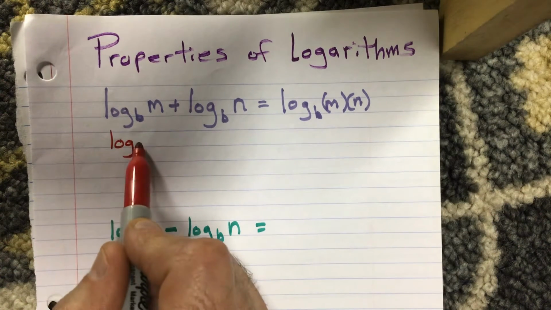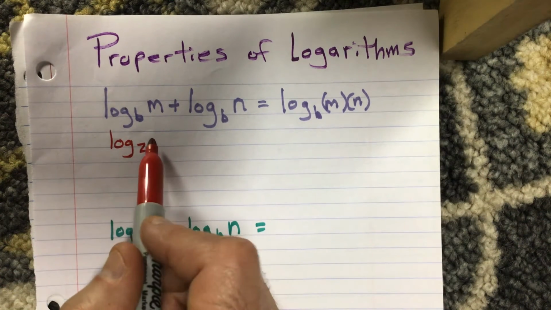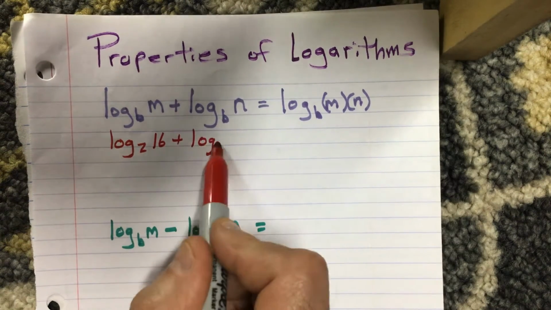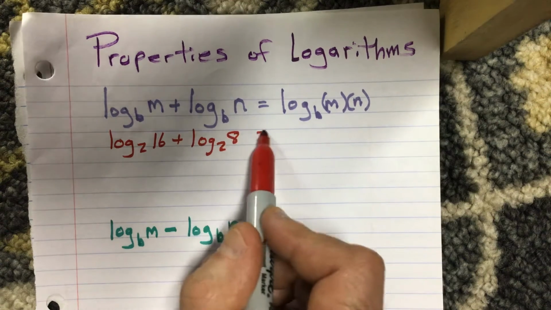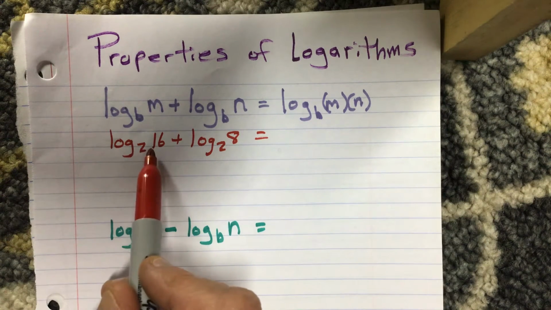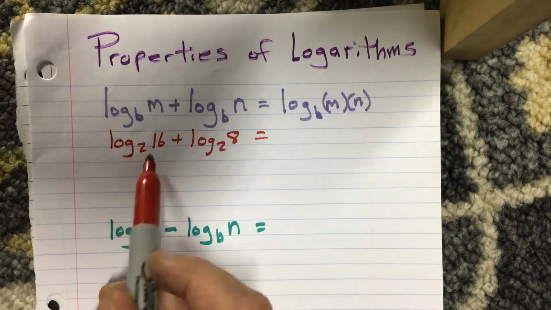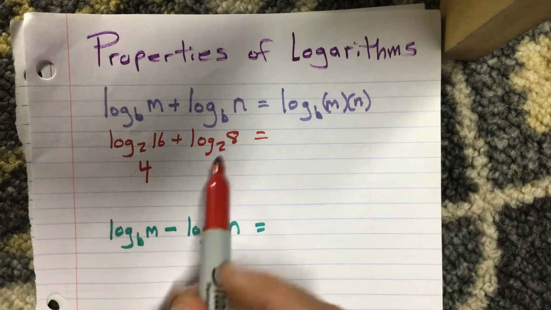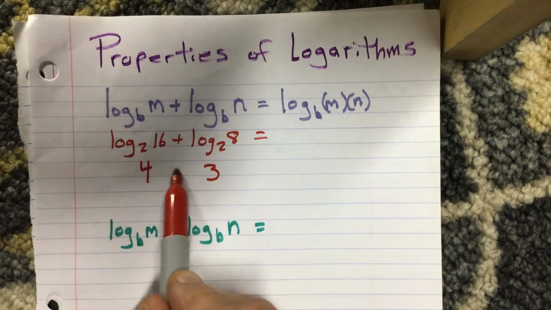So I'll take some easy numbers like log base 2 of 16 plus log base 2 of 8. Well, we know that 2 to some power is 16. That's what log is. So 2 to the fourth power is 16. 2 to some power is 8. We know that's 3, 2 to the third power.